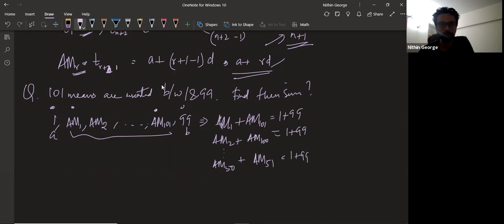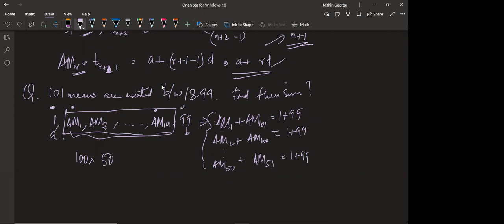So how many 1 plus 99s am I adding? I am looking for AM1 plus AM2 all the way up to AM 101. It's basically all these terms I'm adding. How many hundreds am I adding? Adding 50.